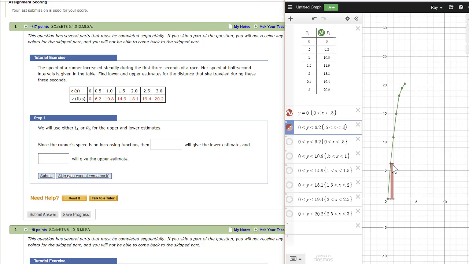So this would be the left-hand endpoint rectangle for the second rectangle. And then we'll take the third rectangle, adjust the color, and let's call it from 1 to 1.5.